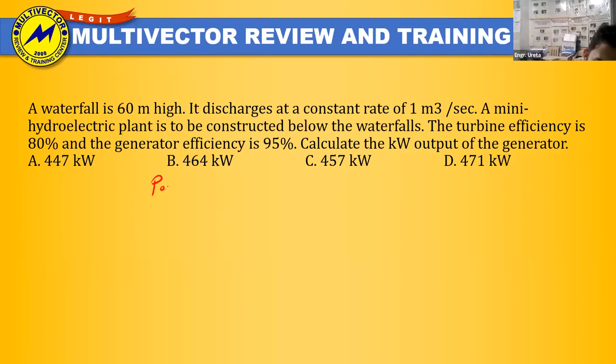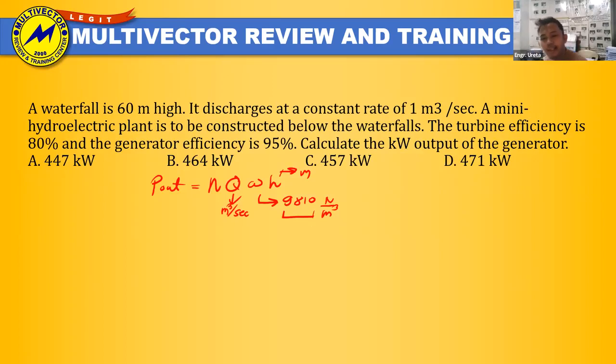The output power for a hydroelectric power plant is equal to the efficiency times Q gamma H, where Q should be in cubic meters per second, gamma, if not mentioned, is 9,810 newtons per cubic meter, and the height should be in meters. If not mentioned, that is the gamma we use, but if a density is given, you still have to compute gamma.